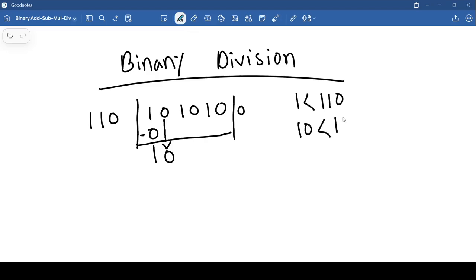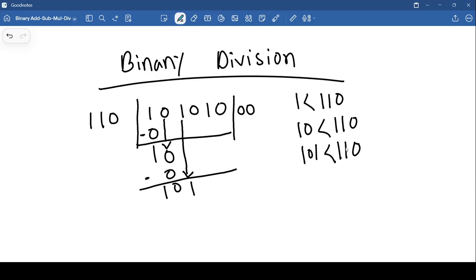10 is less than 110, so again it's 0. So 0 0 and 1. Okay, the third number is 1. It will come here. So 101 is still less than 110. So the answer is 0. Again 101. Okay, and then the fourth number will come here.